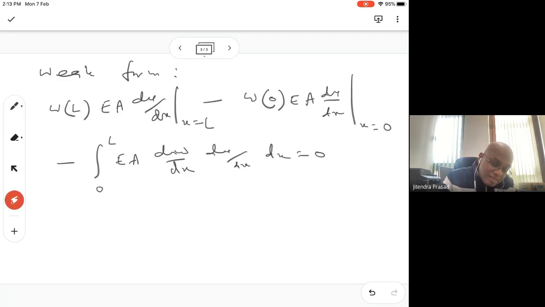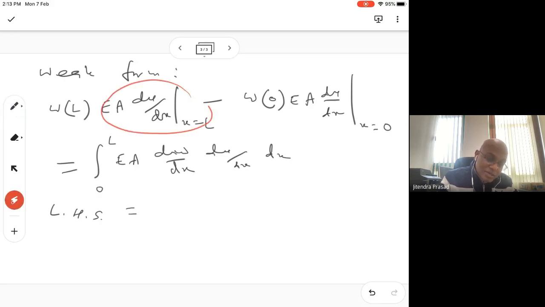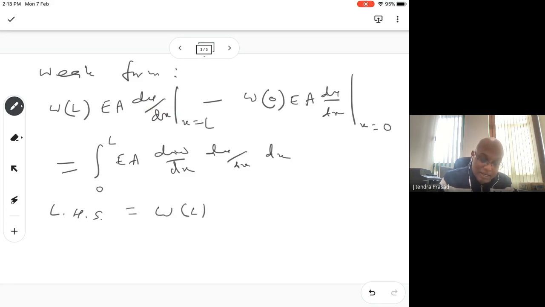Let's write here, instead of minus equal to 0, I want to say equal to this, no 0 here. So I will remove that. Let's write this equal to this. This is the left hand side, this is the right hand side. Our left hand side at x = L, we know this is F2, so this is w(L) times F2.